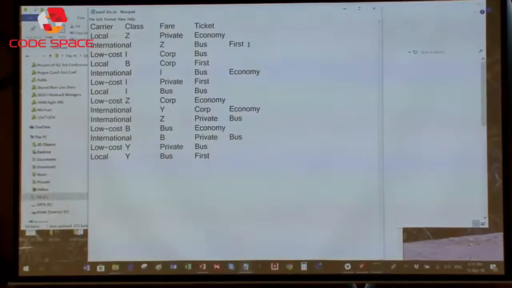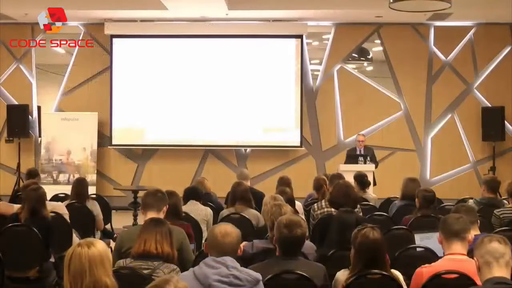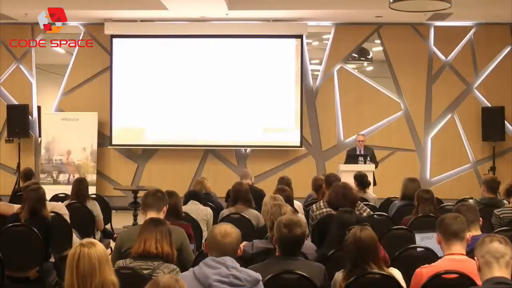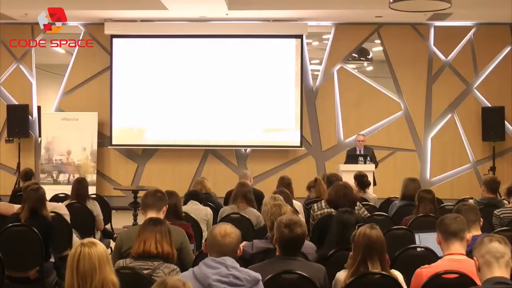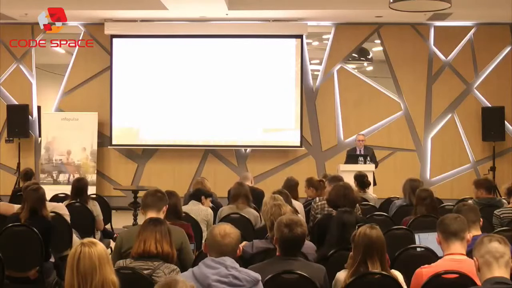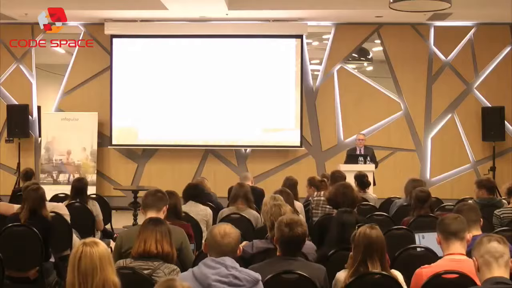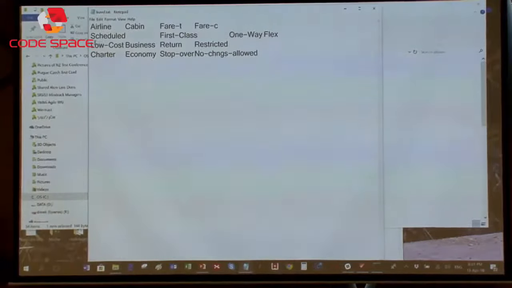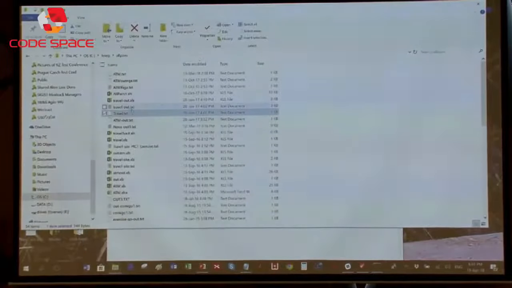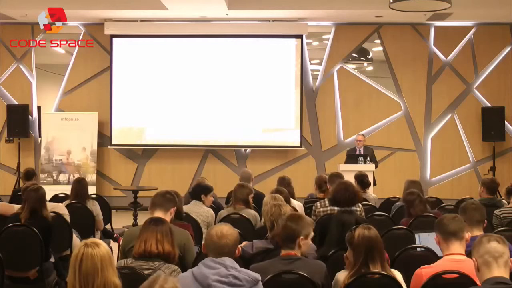Airline, cabin, fare, and fare C. You can't see that. It's tab delimited. I'm looking for an Excel one, which will be easier to read.